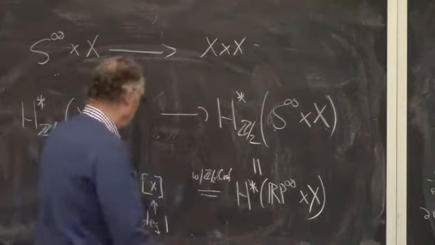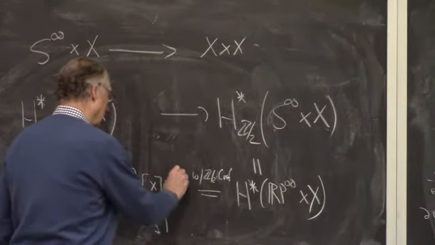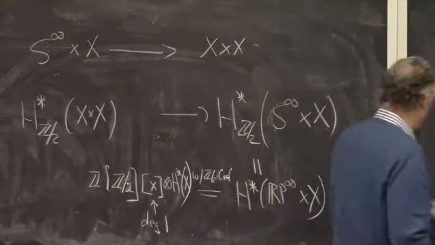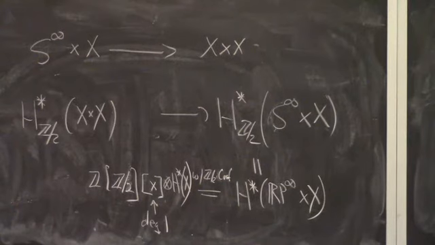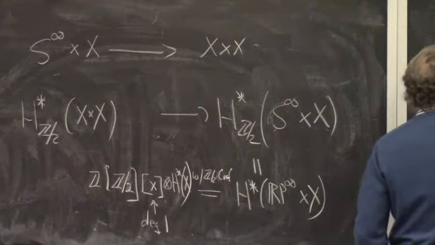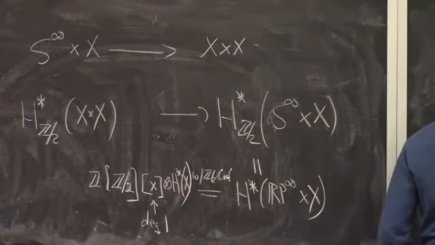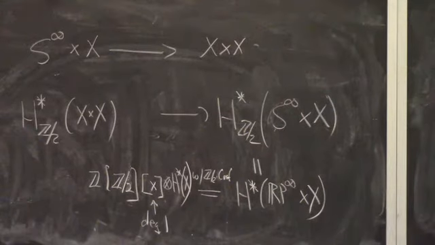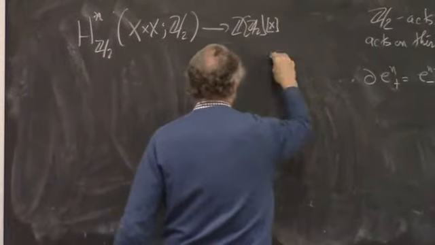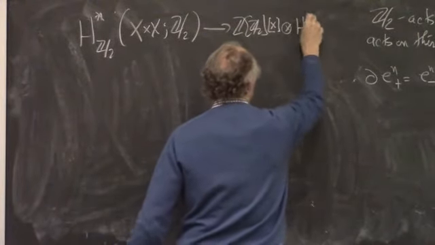That's the cohomology of RP infinity, and then I tensor with the cohomology of X. So the upshot is that these chain homotopies give me a map from the equivariant cohomology of X cross X with Z2 coefficients into the tensor product of the polynomial ring over Z2 with one generator in degree 1, tensor the cohomology of X.